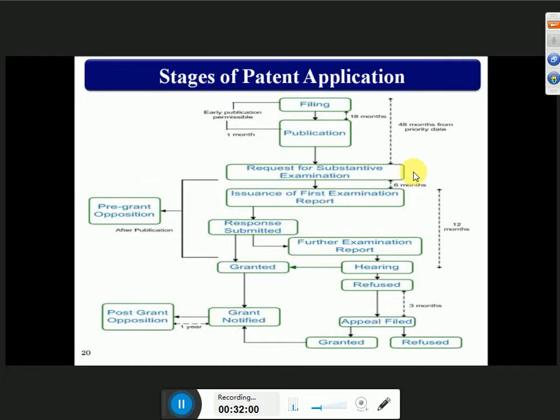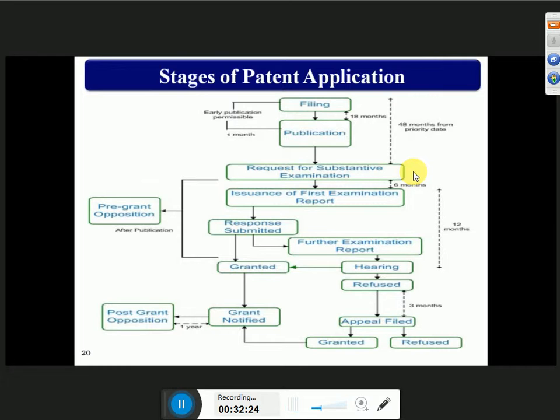If someone opposes, the examination committee cannot grant or refuse my patent before the opposition is cleared, right? So pre-grant opposition can be done by anyone after the publication and before the grant, right?